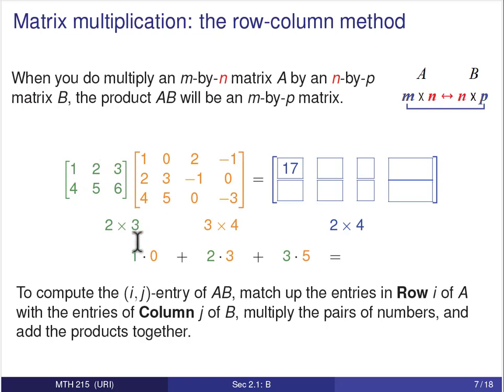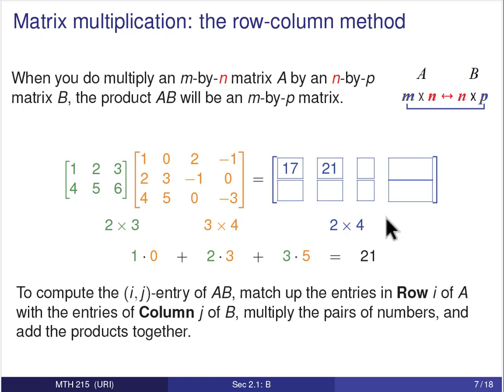So 1, 2, 3, like before, will be paired up with 0, 3, and 5 in that order. And we'll do the same thing as before. We're going to multiply these pairs together and then add the results. So 1 times 0 is 0, 2 times 3 is 6, 3 times 5 is 15, 0 plus 6 plus 15 is 21, and so 21 is the number that should go here.